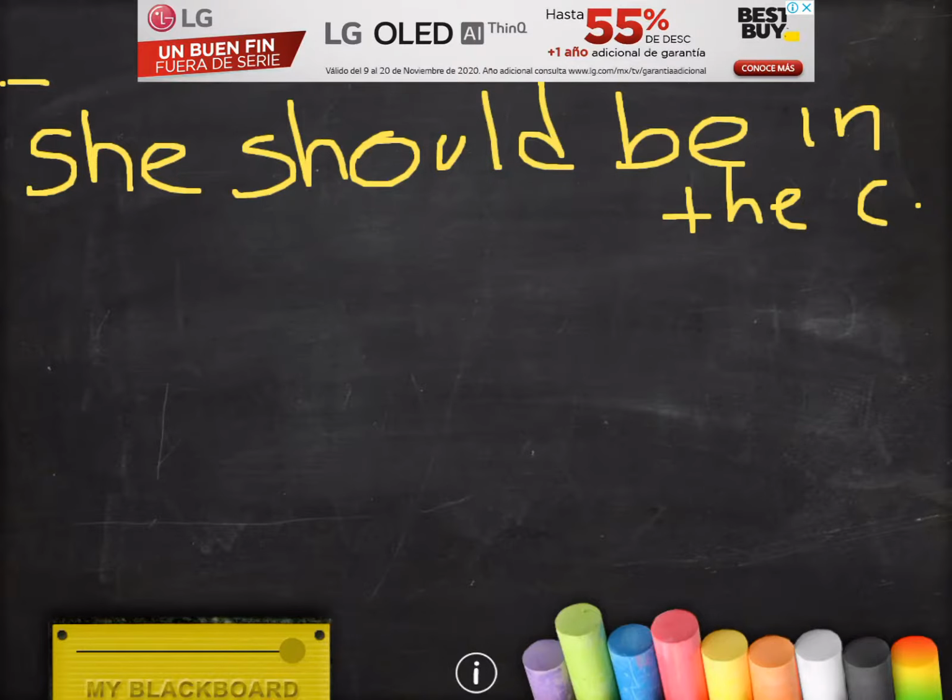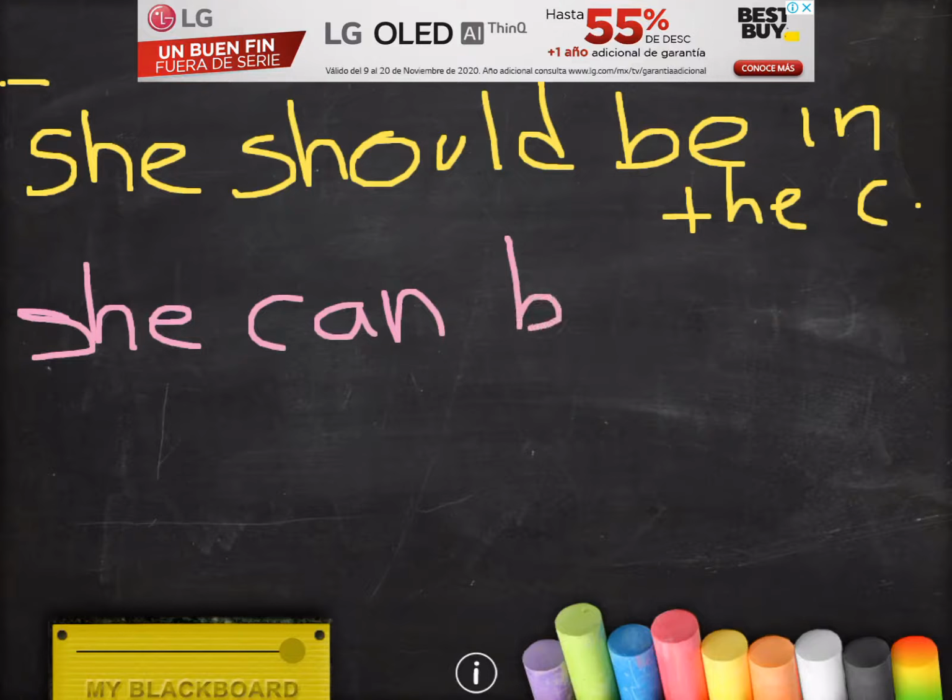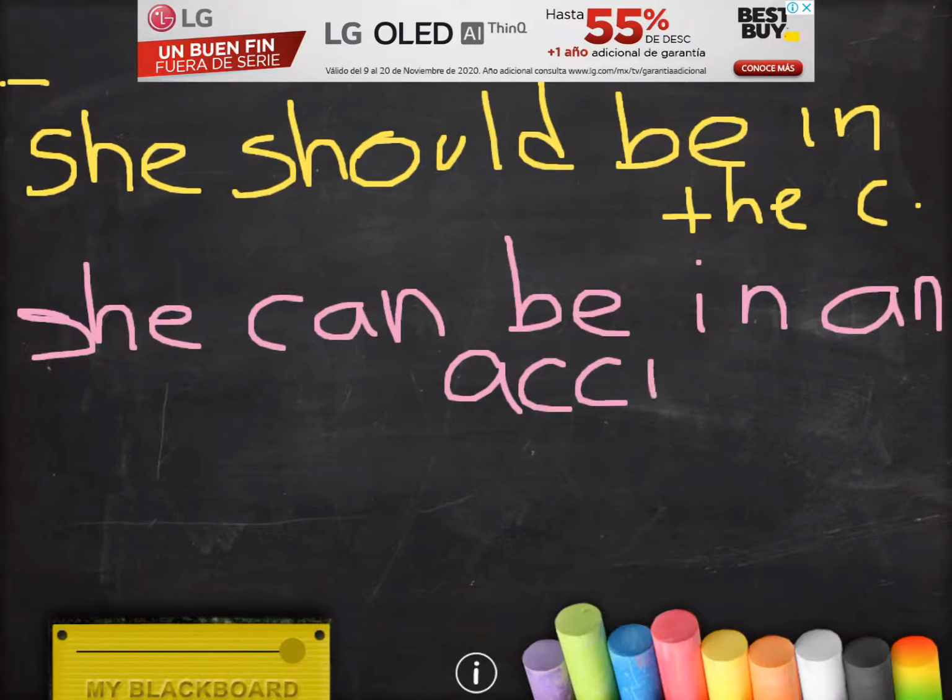Because Sonia is always in the cafeteria. But someone says, well, maybe she can be in an accident. This is not so likely to happen, but it could have happened. It's not so sure, there is a possibility.